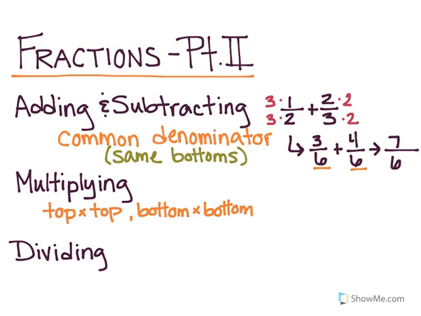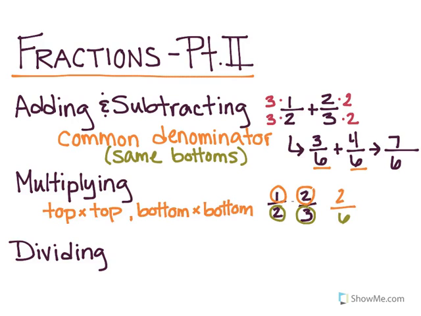So if we take the same two fractions above, if we've got 1/2 and we multiply that by 2/3, we literally go 1, so the top times 2, top to top, and that's going to give us 2. Okay? Now, as for the bottom, same exact thing. So we're going to do 2 times 3 to give us 6. That's multiplying. That's all you do. It's top to top, bottom to bottom.